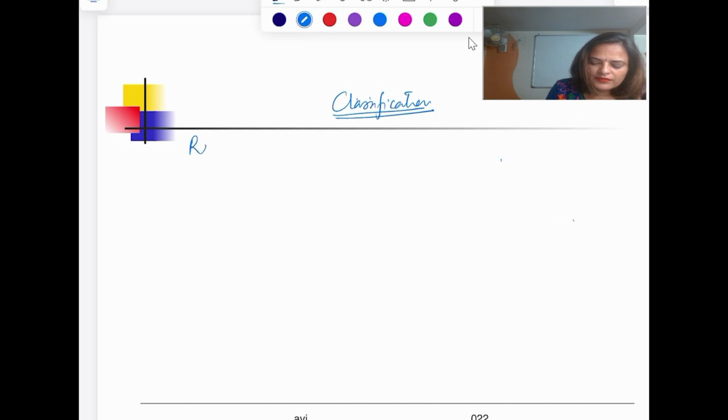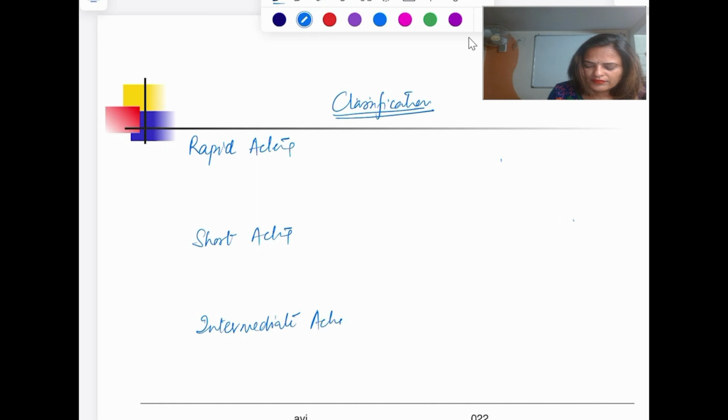One is rapid acting, then we have short acting, then intermediate acting, then we have long acting and ultra long acting.